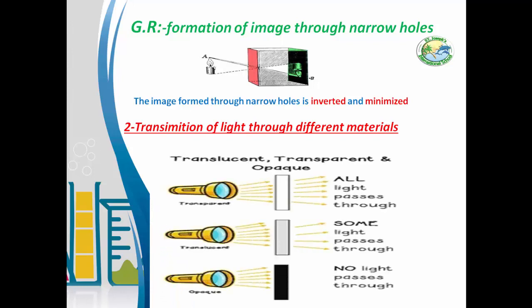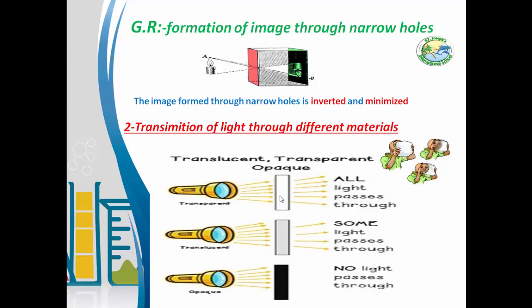Materials are classified according to their ability to transmit light into: number 1, transparent material; number 2, translucent material; and number 3, opaque material. Transparent materials are materials which allow most light to pass through, and objects behind can be seen clearly, like this glass and like this material.